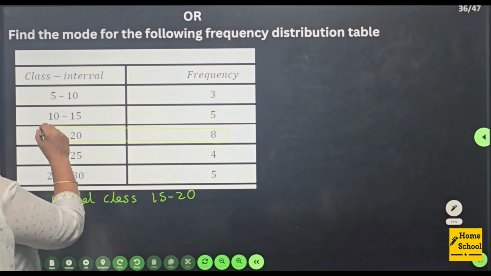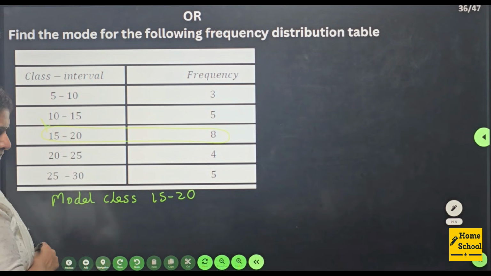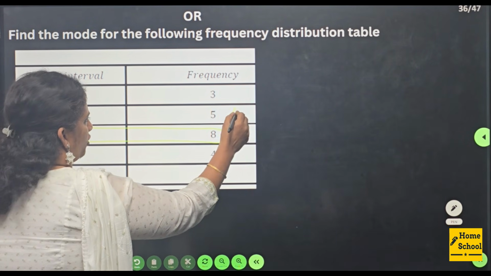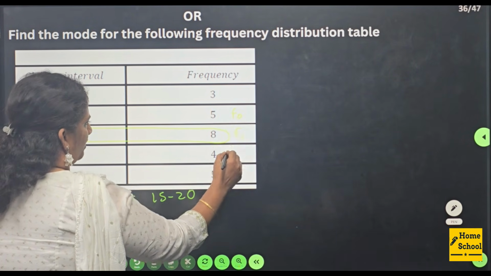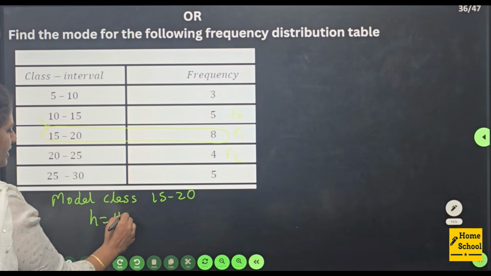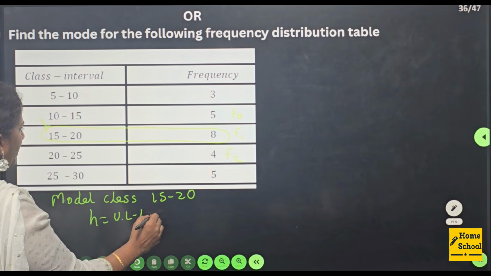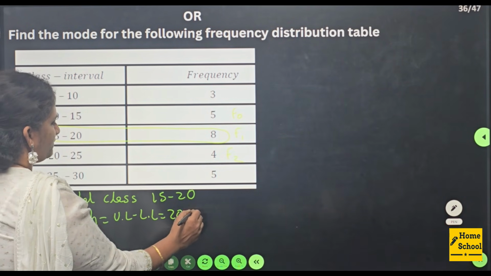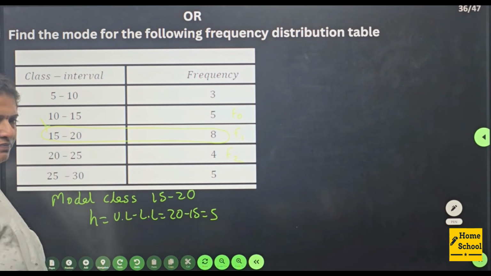And now mark this. This is the lower limit L. This is F0, F1, F2. H is the class size, upper limit minus lower limit. 20 minus 15, that will be 5.